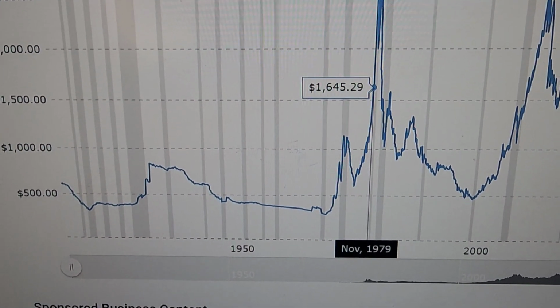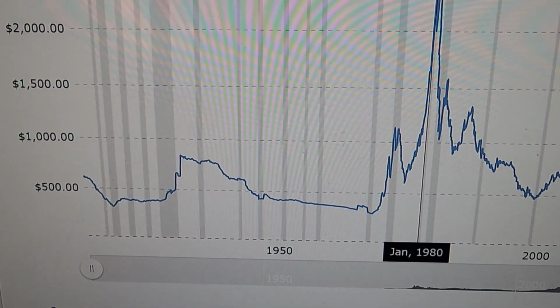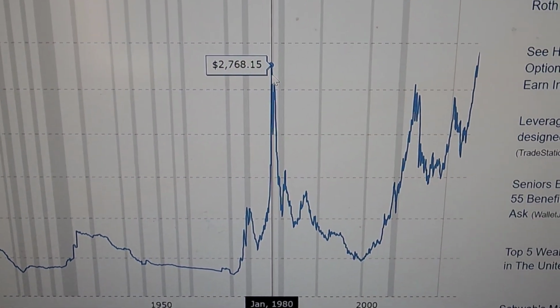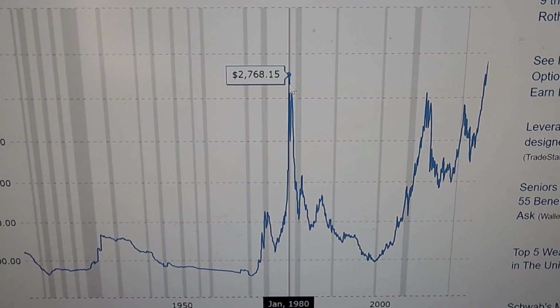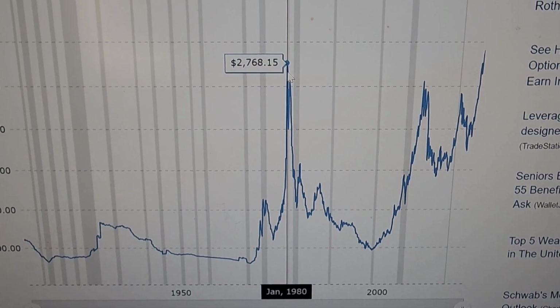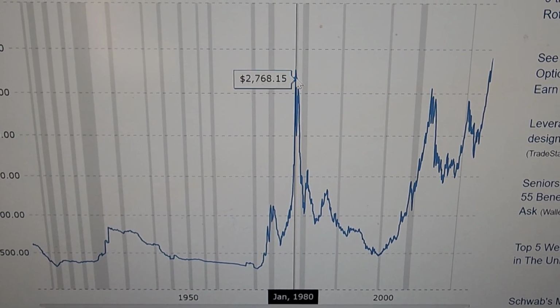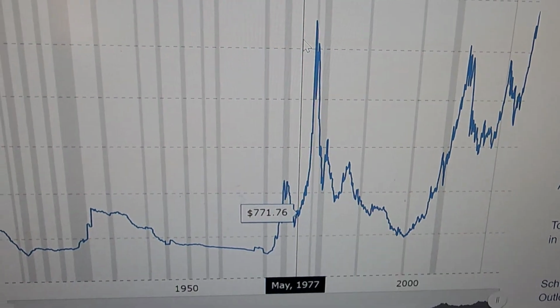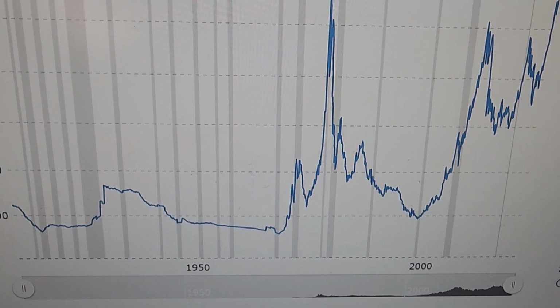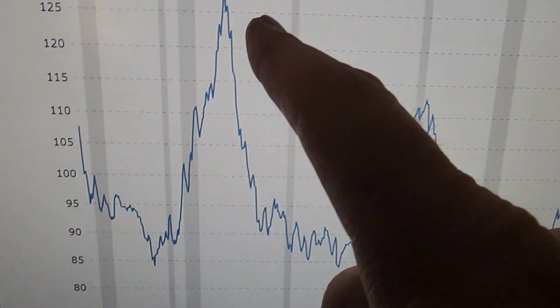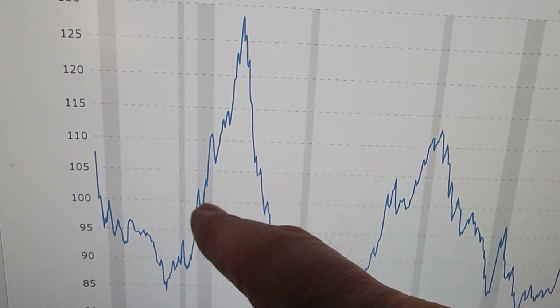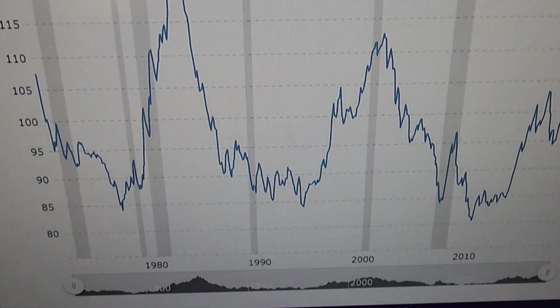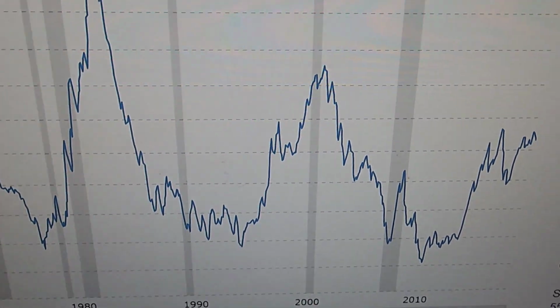And that was last set about 1980, right around the peak of the farm crisis. So does that tell you that the grain prices are going to start going down? Does that tell you that the dollar index is about to start going up? I don't know.